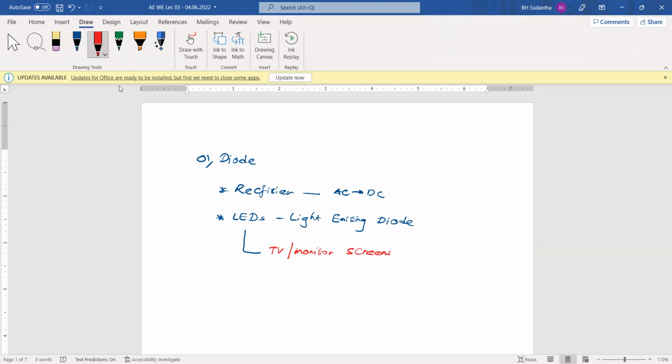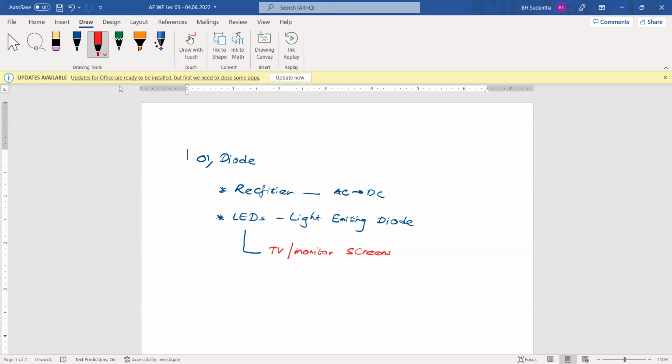When you consider the large TVs, we have LED TVs. Normally for a laptop or desktop we have 19-inch or 24-inch monitors, but at your home you may have 32-inch, 42-inch, 52-inch TVs. Most of those TVs are not LED TVs. Although they mention on the boxes or the manual that they are LED TVs, they are not LED TVs.